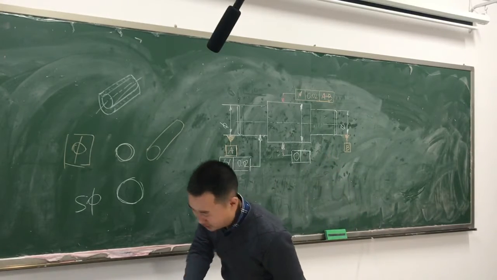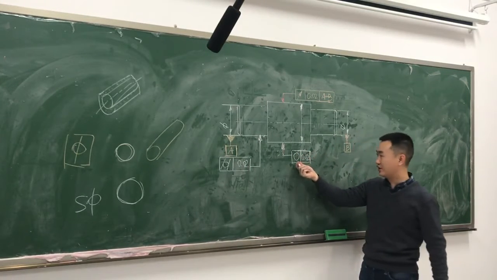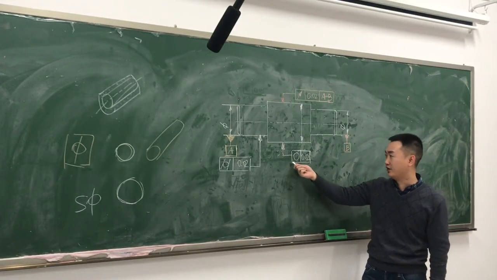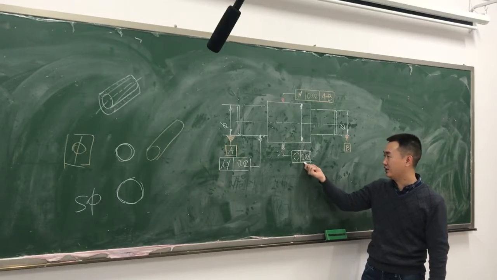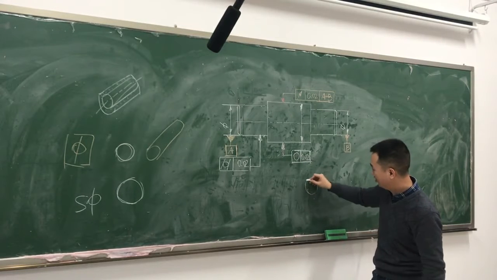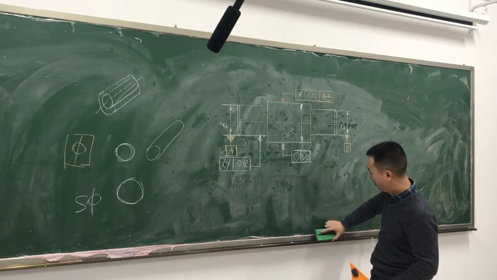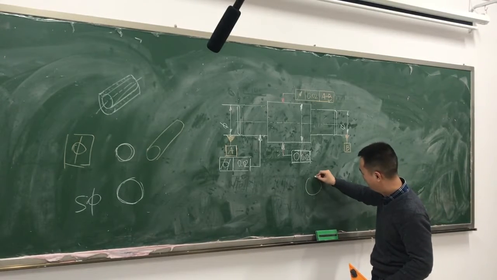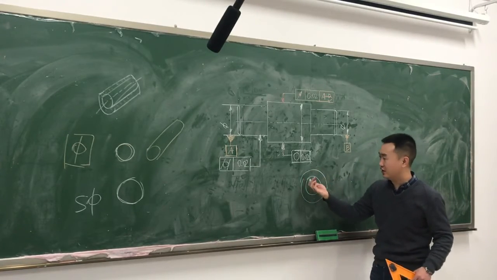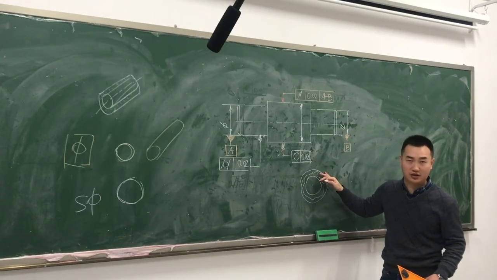For circularity, what does the tolerance zone look like? Do you still remember? For circularity, which is one of the form tolerances, its tolerance zone will be the space between two concentric circles.